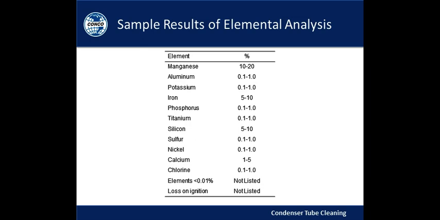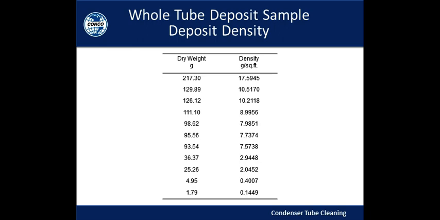Iron is more porous, but nonetheless, these are the two primary minerals that are present in the cooling water. There was no loss on ignition done on this sample, so we don't know how much of that total deposit was organic. But if we did do a loss on ignition test and we burned off all the organics, we would know how much microbiological matter we were dealing with.